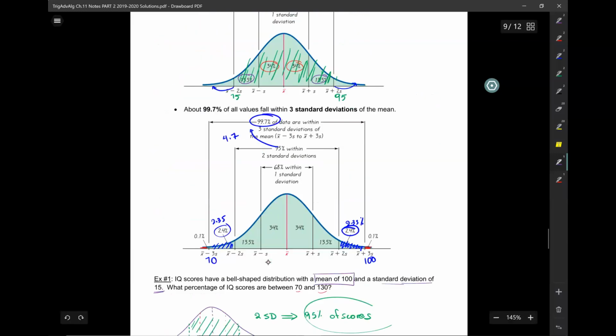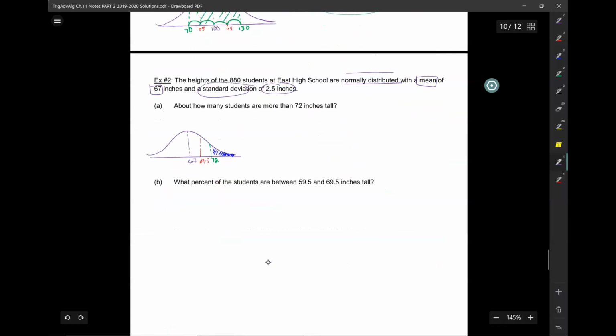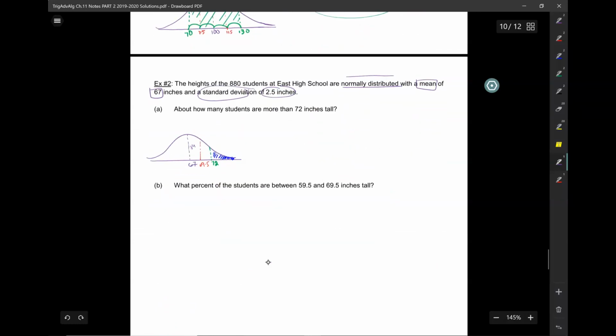Do you remember what we had said here? From the middle, it's 34 and then 13.5. So this is 34%. This is 13.5%. And how much is this entire half? That's 50% of the data, right?